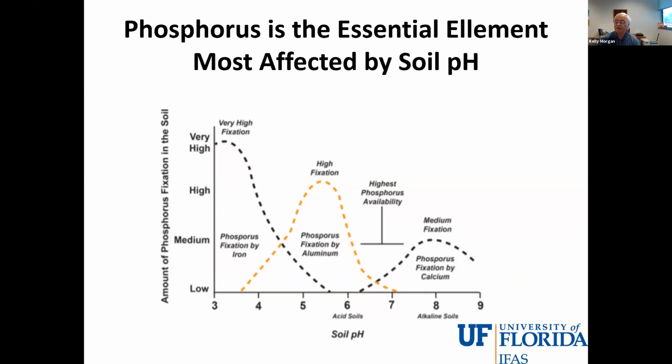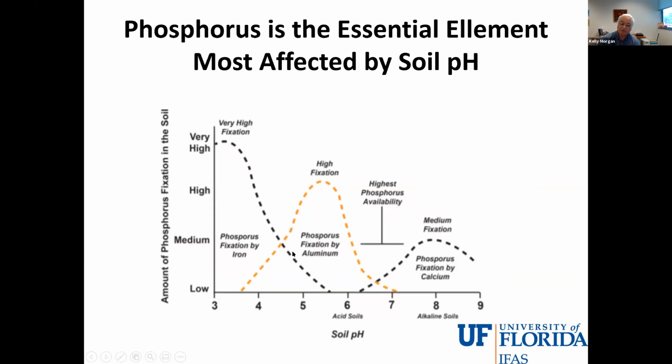The phosphorus is being fixed by aluminum, either free aluminum in the soil or aluminum that's associated with clay. It's taken out of solution, and it's no longer available until the amount of free phosphorus in the soil goes down. Then you can have some dissociation and phosphorus will go back into solution.